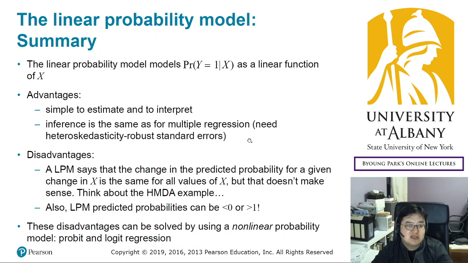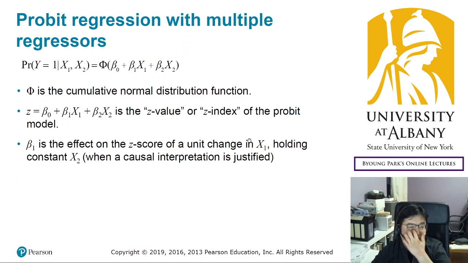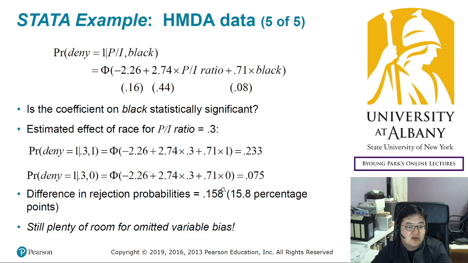But now let's go back to the probit model. The difference is 15.8 percentage points, but the coefficient is 0.71. Doesn't make sense. So this is important.